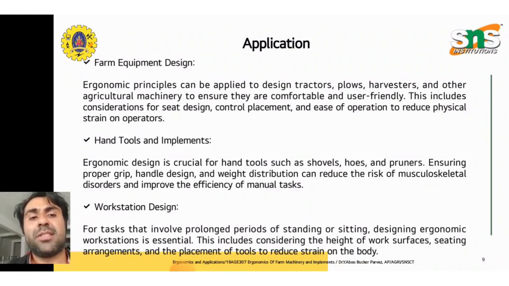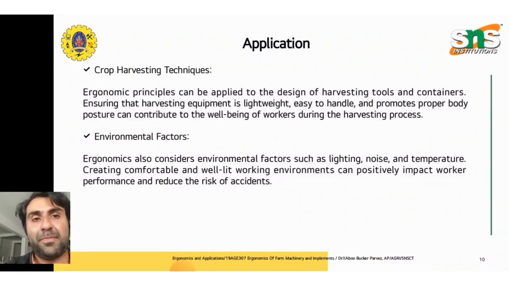Workstation design: for tasks that involve prolonged periods of sitting or standing, designing ergonomic workstations is essentially needed. This includes considering the height of the work surfaces, seating arrangements and the placement of tools to reduce the stress on the body. And finally, we have crop harvesting as well as environmental factors.